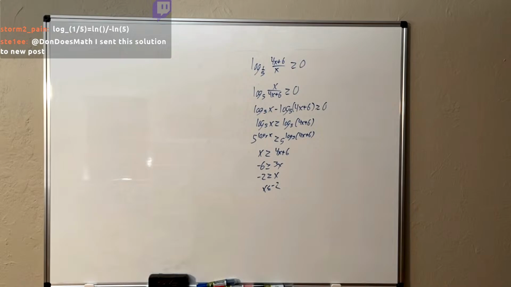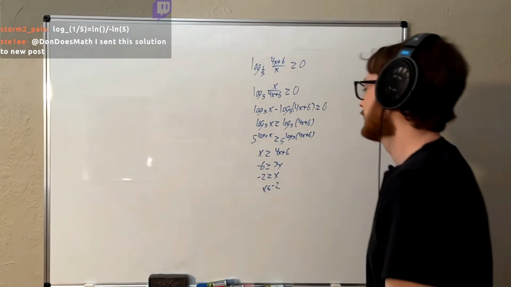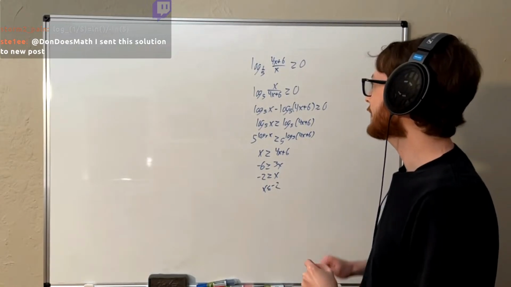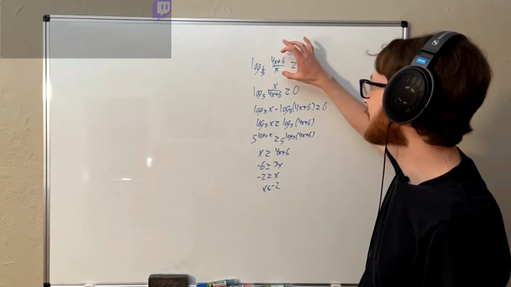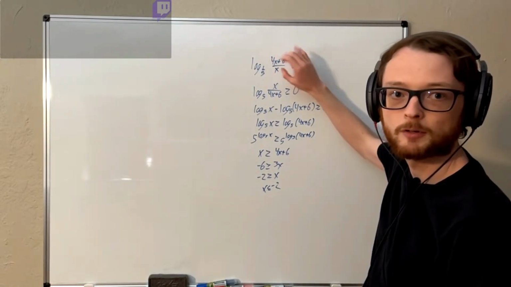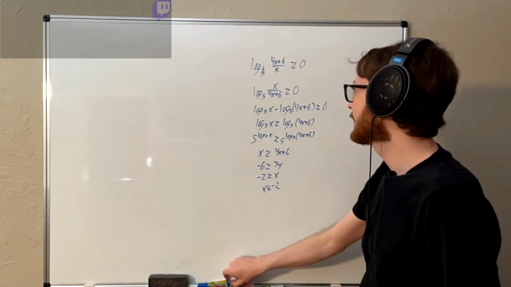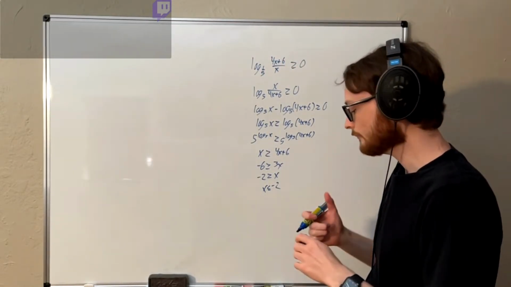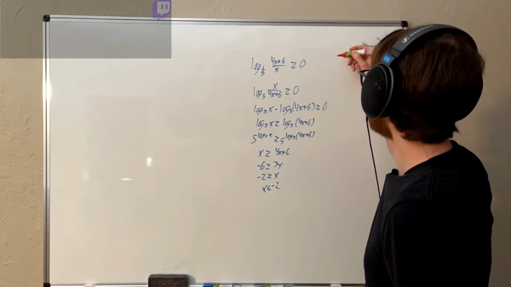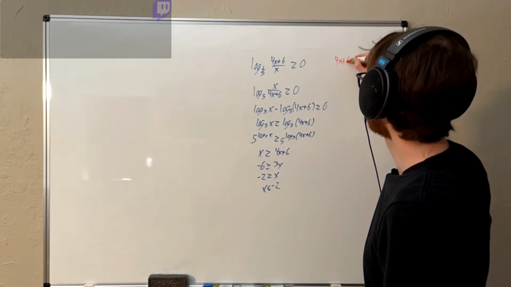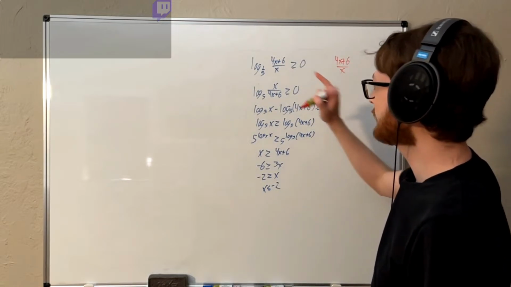And that's because with logs, we have to also remember... So what I solved was this greater than 0 bit, but for every single log, you're not allowed to have log of a negative number. And so we basically get a second problem of 4x plus 6 over x. Actually, you can't have log of 0 either.